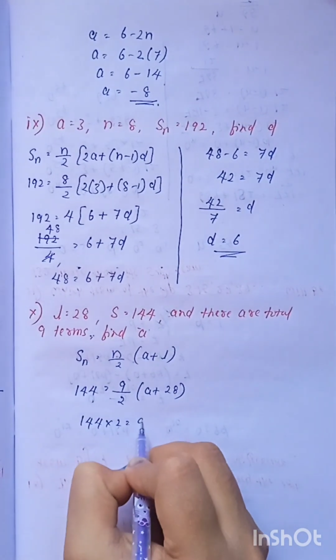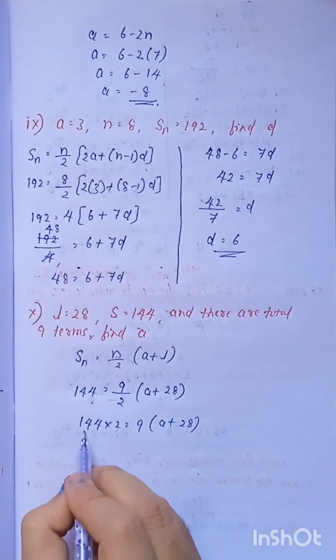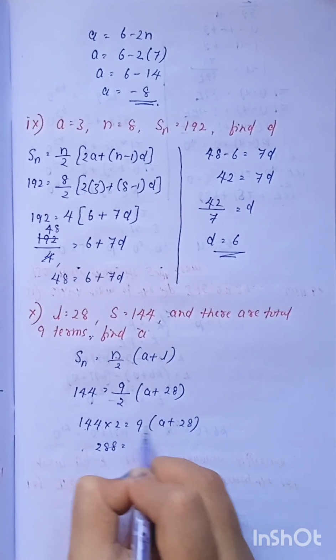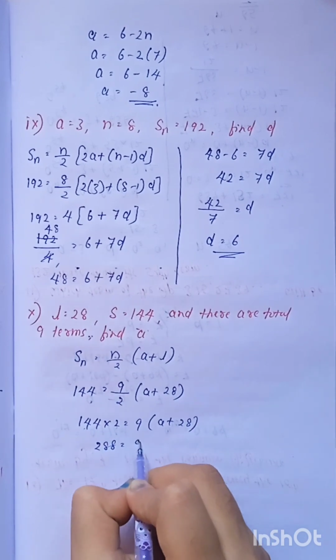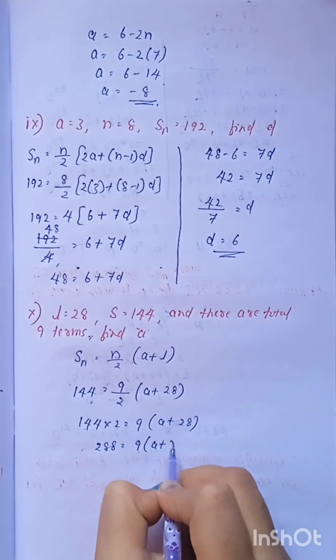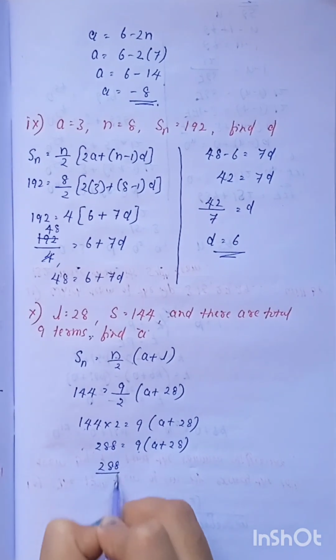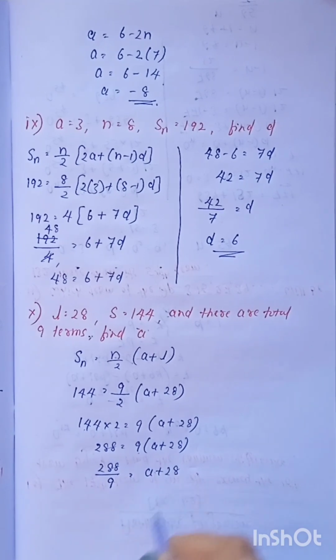144 into 2 equals 9 into a plus 28. Multiply this, you will get 288 equals 9 into a plus 28. In the next step, 288 by 9 equals a plus 28.